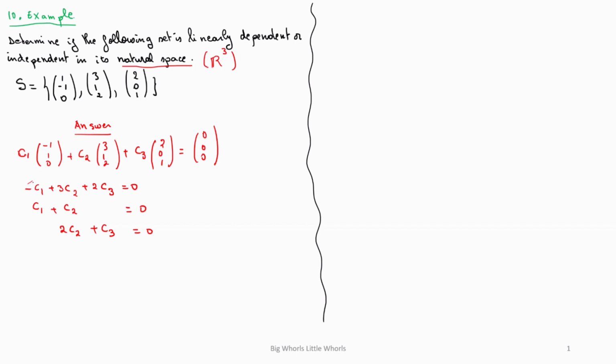So we use the first row to eliminate C1 in row 2 and row 3.